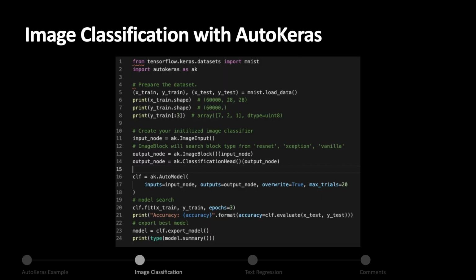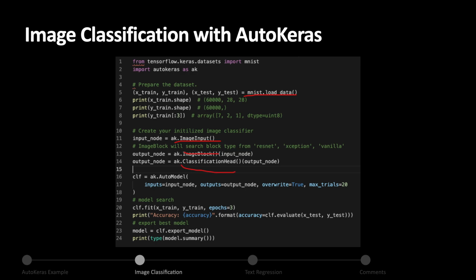The first example is image classification with MNIST. So we download the MNIST data and split it into train and test data. Then we create a simple neural network architecture by stacking an image input, an image block, and finally a classification head.